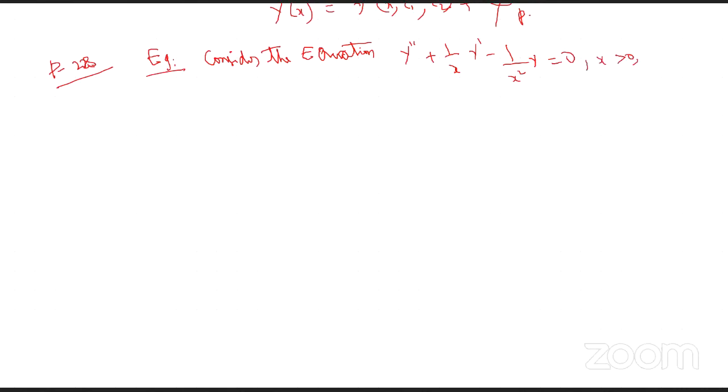Show that there is a solution of the form x power r, where r is a constant.